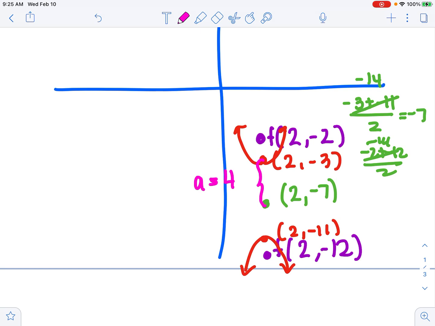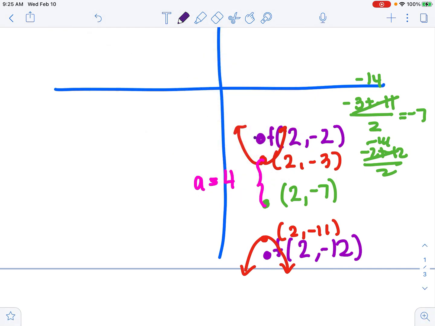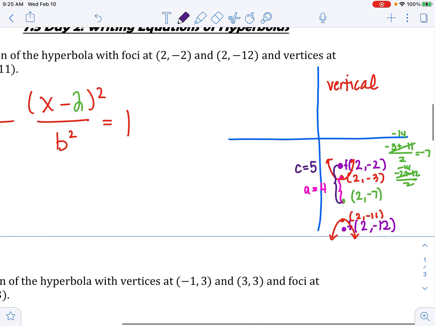For b squared, I can never give you b, because what am I supposed to say? They don't have a name. They're not called co-vertices. So I'm always going to have to give you foci, right? So you're going to have c instead. The distance between the center and the focus is c. Between negative 7 and negative 2, that's a distance of 5.